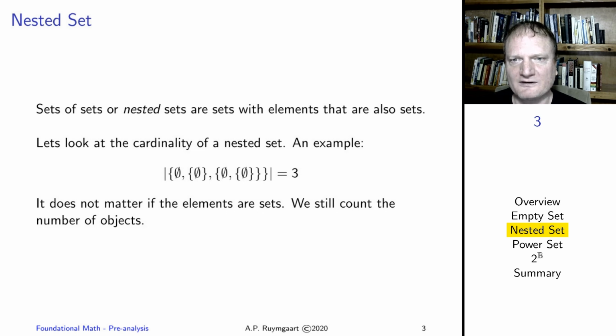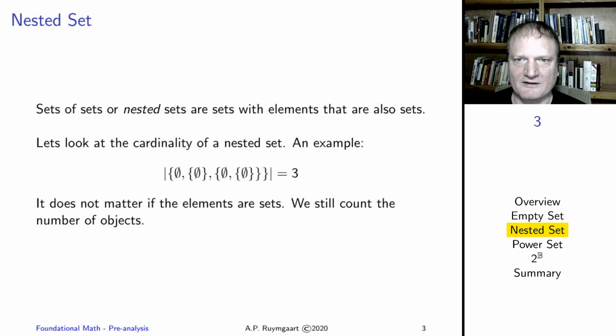Now what we have here is a set of which the first element is the empty set, and the second element is a set containing the empty set, and the third element is a set containing the empty set as well as another set that again contains the empty set. So we have various levels of nesting here. But importantly, the only objects that we encounter inside this set, regardless of their level of nesting, number 3.